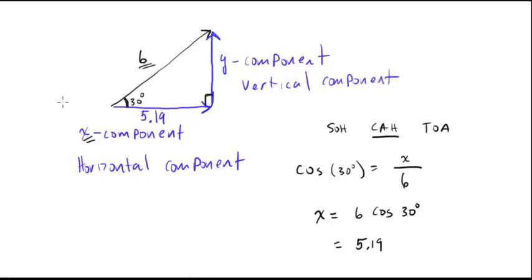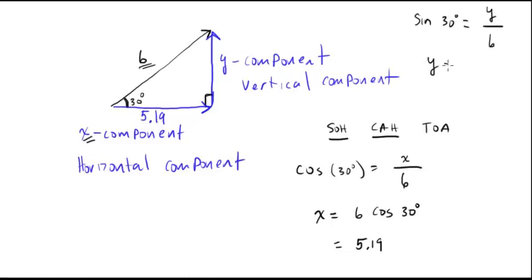So what about the y component? How far did I go north? Well, let's think about the y component here. This component is opposite from the 30-degree angle. It's away from, opposite that angle, and I've got the hypotenuse, so I'm going to go ahead and use sine now. I'm going to say that the sine of 30 degrees equals opposite, that's what I'm looking for, that's the y, over the hypotenuse, which is 6.